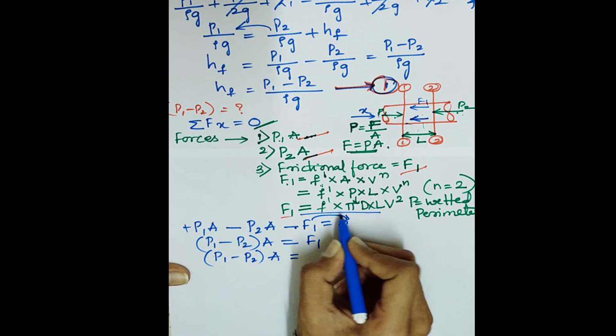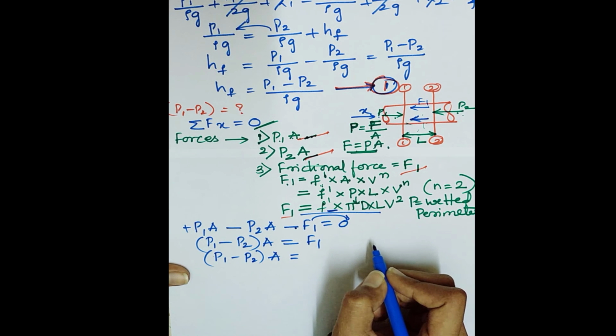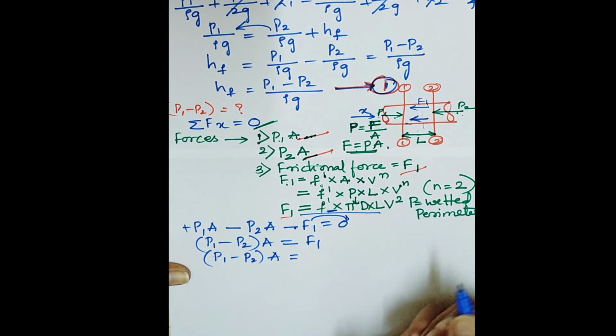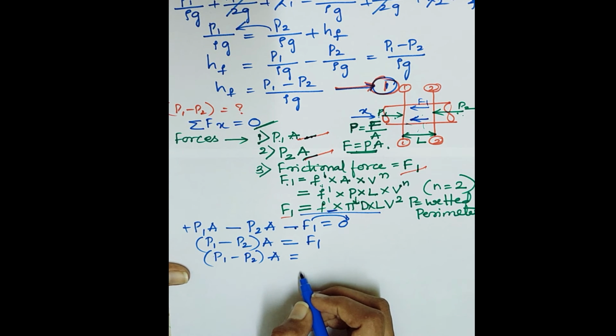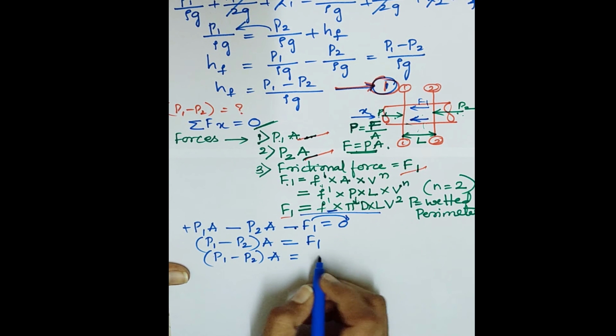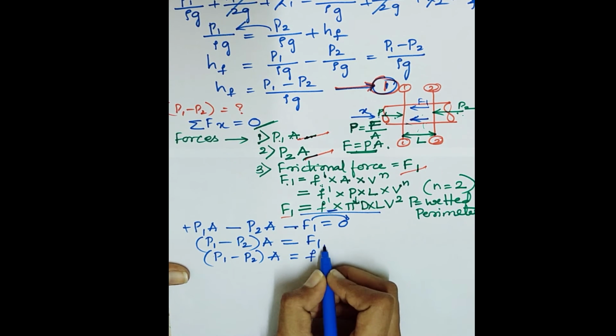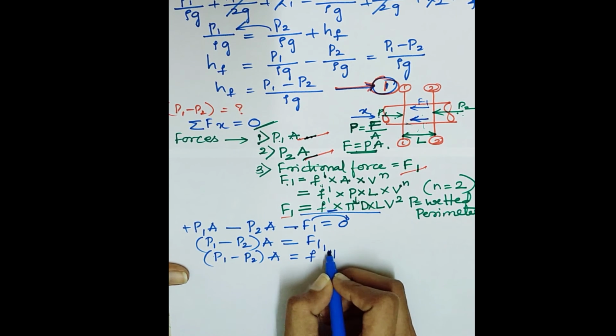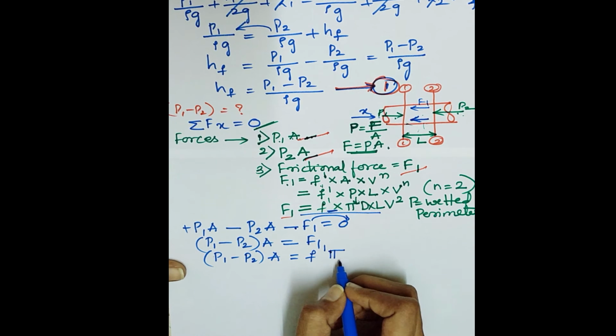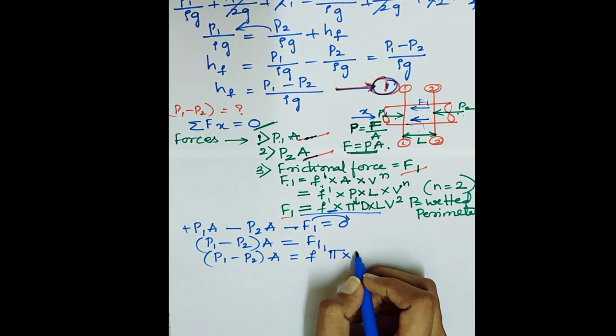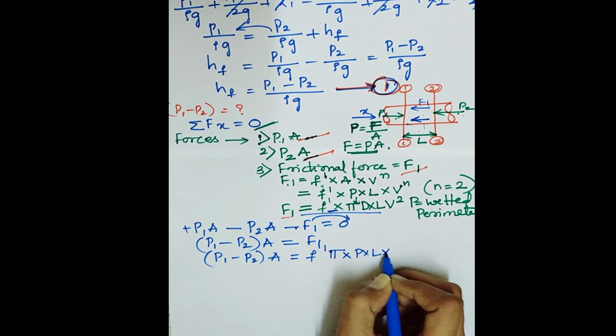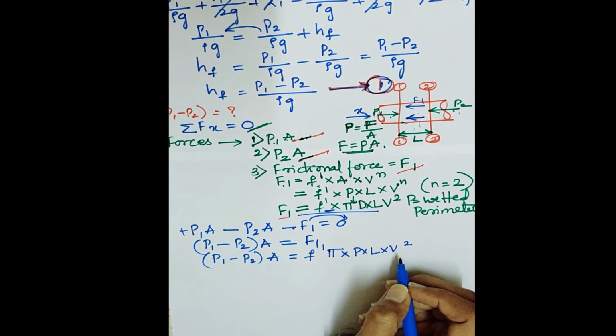What is F1? It is F dash into P into L into V to the power n, so it will be F dash into P into L into V square.